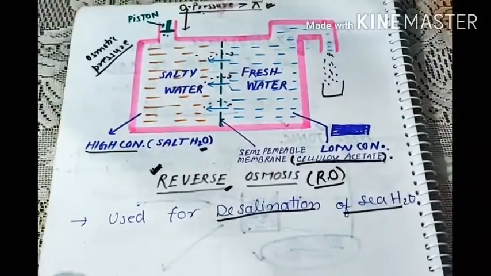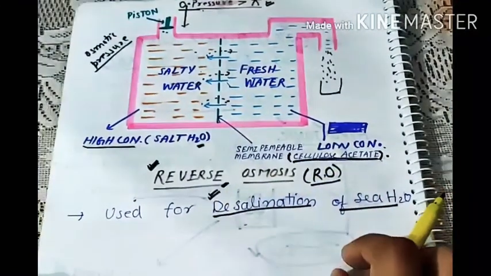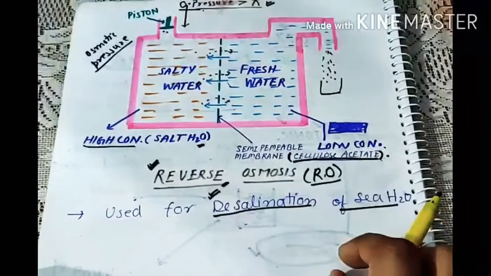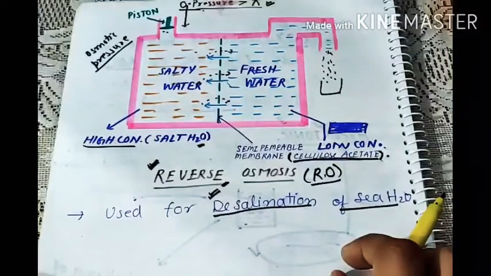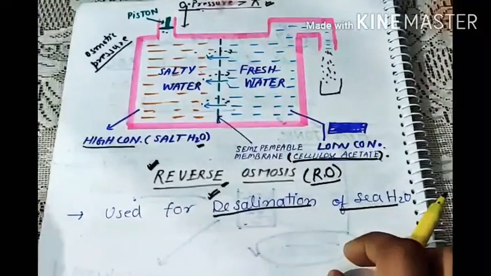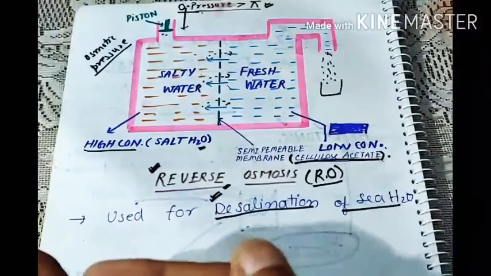So desalination plants have been set up in various countries, and in India as well. In Tamil Nadu, a desalination plant was established, but the thing is, the reverse osmosis cost was very high. So the cost of water was very high, so it was not affordable for all the common people.